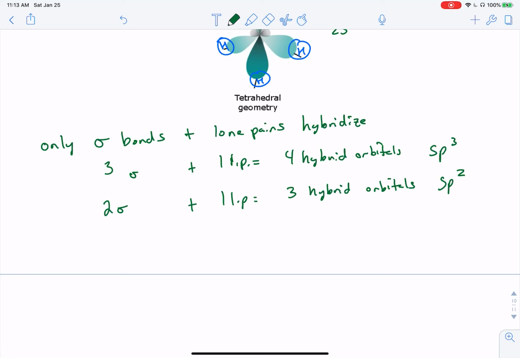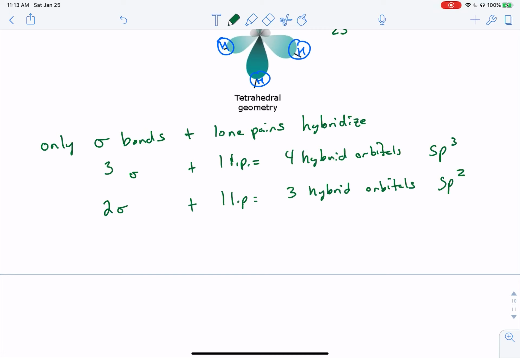Yes, Marcus? Not exactly. Because for expanded octets, you obviously have to have more orbitals to hybridize, which we'll talk about in a second. Mohammed, question? Yeah.